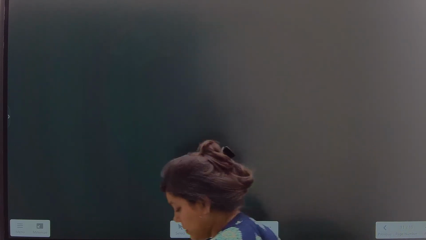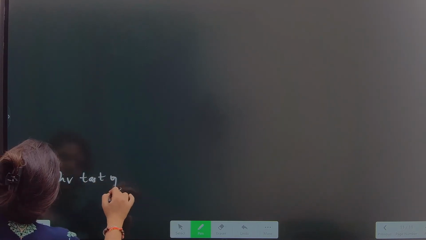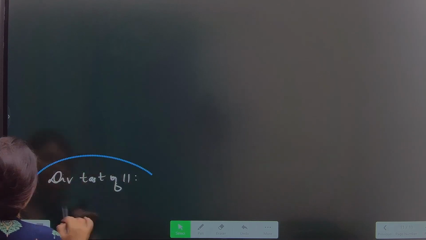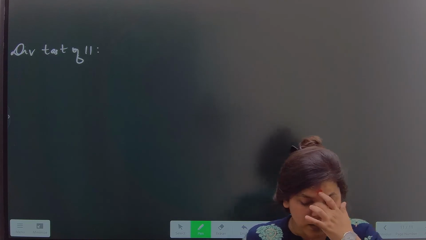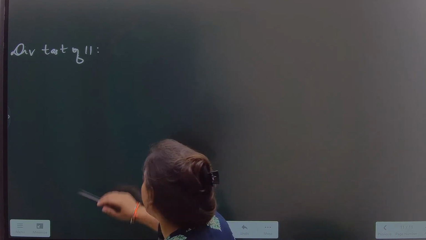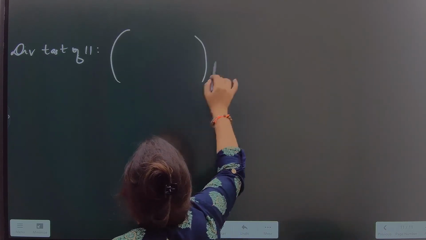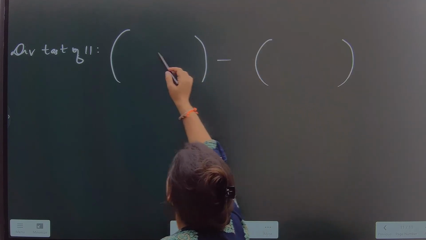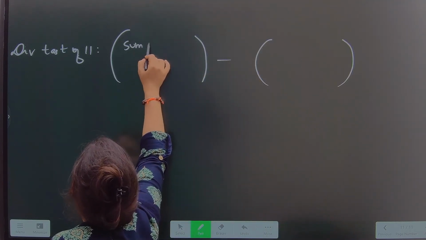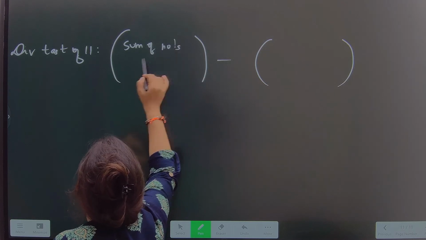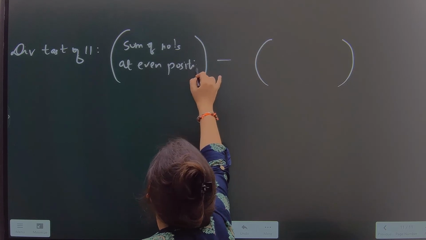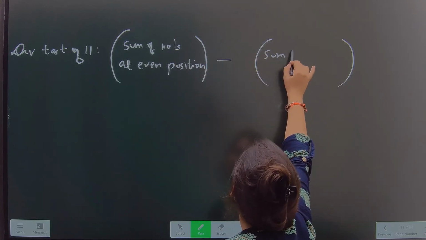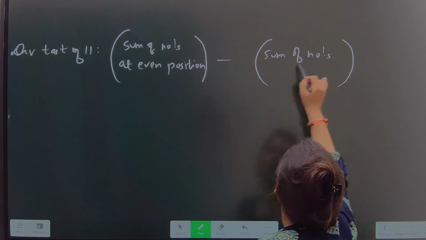Now, the last one, the divisibility test of 11. This is a bit lengthy in writing. You need to subtract the sum of numbers at even position from the sum of numbers at odd position.